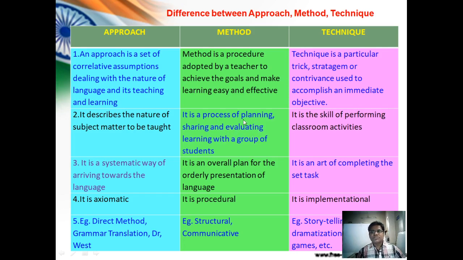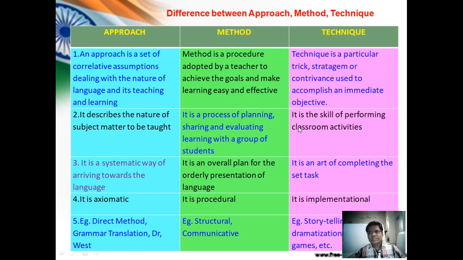According to the planning all the content should be delivered properly, or feedback should be taken with the help of evaluation from the student, that is recapitulation of the topic. Okay, means it is the process of planning where it deals with the nature of subject matter.